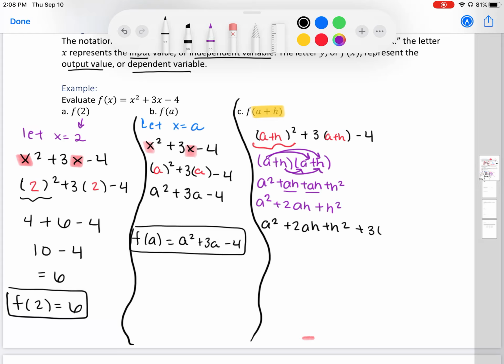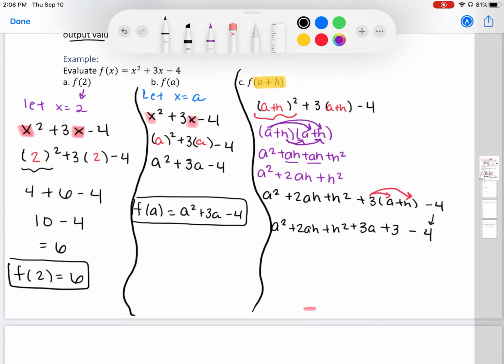And we still have to multiply that out: 3 times a h minus 4. Okay, let's multiply that out. 3 times a and 3 times h, so that we have 3a plus 3h. Let's bring down the minus 4 and write down what we have in the beginning: a squared plus 2ah plus h squared.